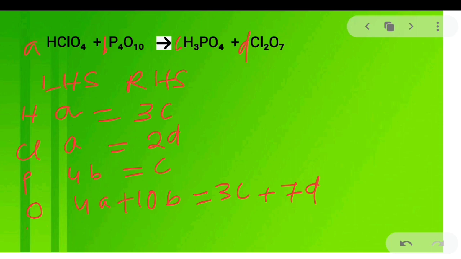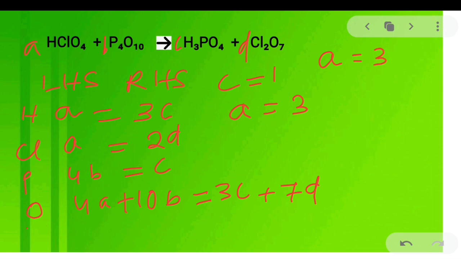So either you can take A is equal to 1 or you can take C is equal to 1. Let us take C is equal to 1. So what is the value of A now? A is equal to 3.